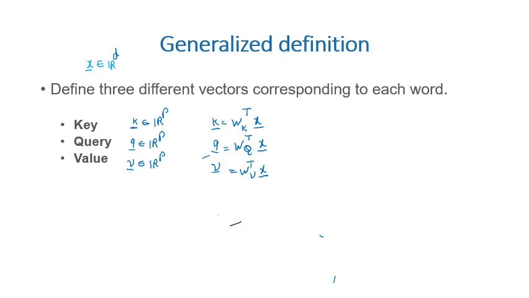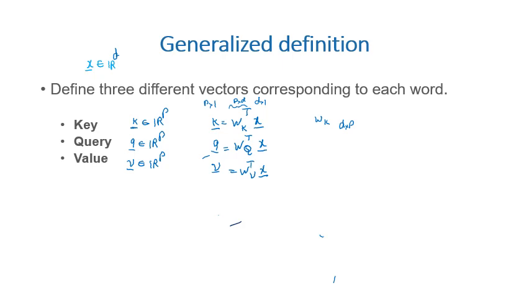All of these W's have dimensionality D by P, so the transpose would be P by D, and this is D by 1, and this is going to be P by 1, okay?